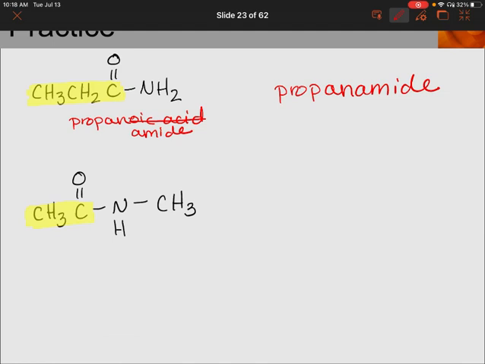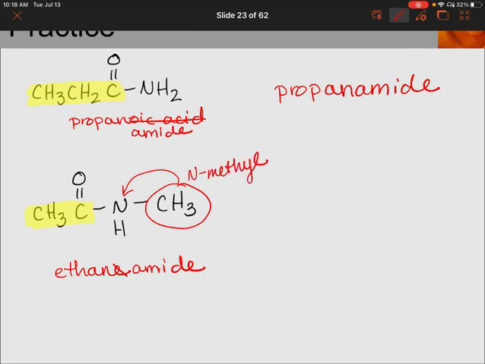If this were an alkane, we would call this ethane, but because there's that carbonyl group and the nitrogen, we know that this is an amide. So we're going to drop the E and add amide. Ethanamide. Now this time we do have a group bonded to nitrogen, so we're going to call that N-methyl. So putting it all together, this is N-methyl ethanamide.